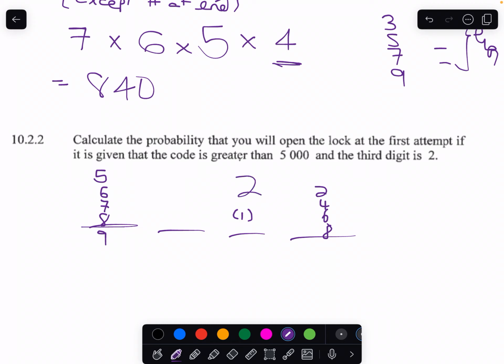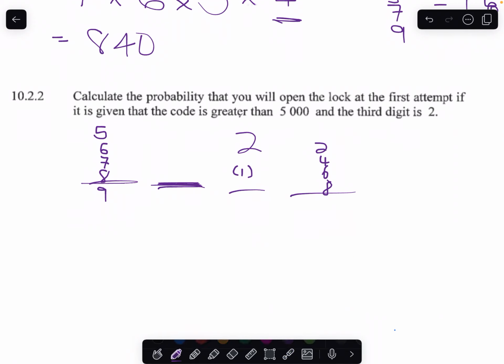Okay, so then over here, what does this mean? How many options do we have? Well, this is also interesting because 6 is only available if it hasn't been used here. And likewise, 8 is only available if it hasn't been used here. So we're actually looking at 2 cases.